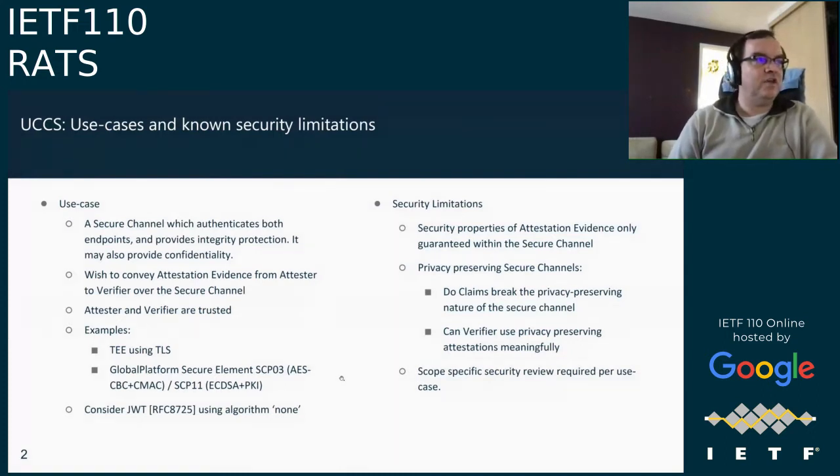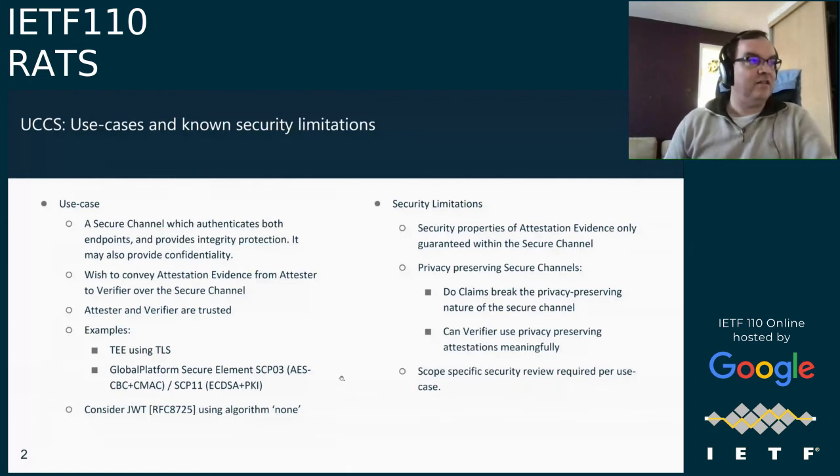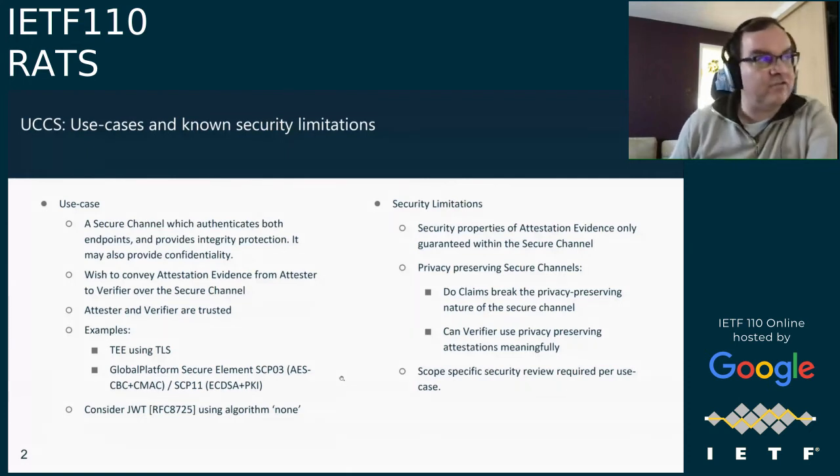So the use case for UCCS is to convey a token, typically an EAT or something like it, over a secure channel that already authenticates both endpoints and provides integrity protection, and may optionally provide confidentiality. The essential idea behind this is that in many use cases, if you already have a secure channel, the battery overhead or the radio bandwidth overhead of further signing and/or encrypting in the COSE form is essentially unnecessary from a security perspective.